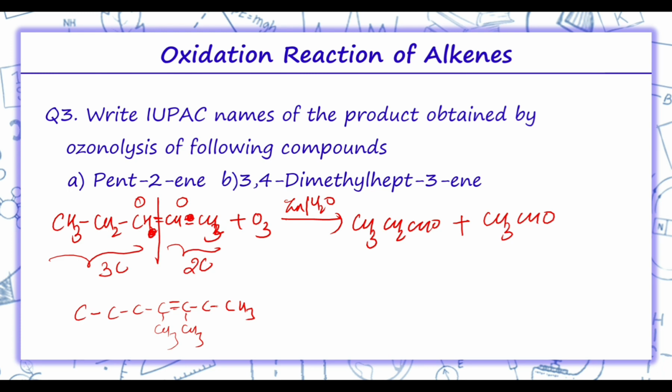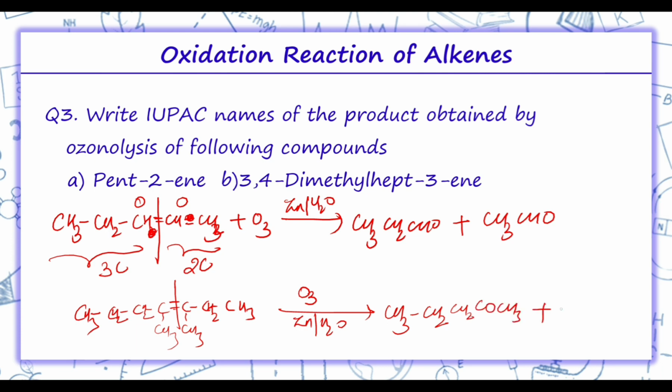Now satisfying this, here we'll write CH2 and here we'll write CH2CH2CH3. On reductive ozonolysis followed by zinc with water, this bond will break and we will get, since it is a branched alkene, ketones, which are CH3CH2CH2COCH3 plus CH3CH2COCH3.